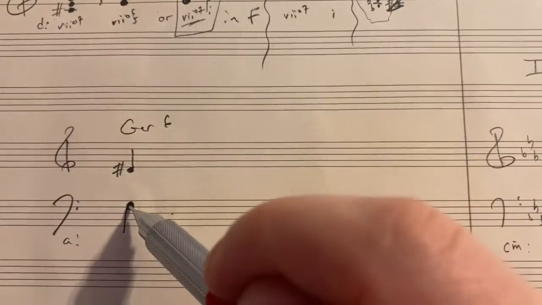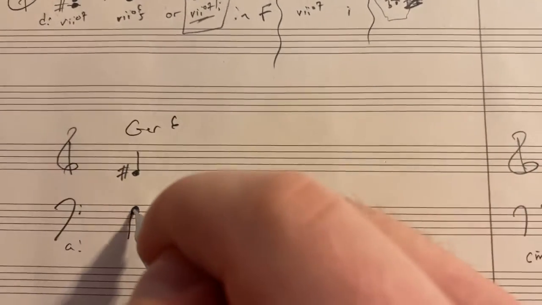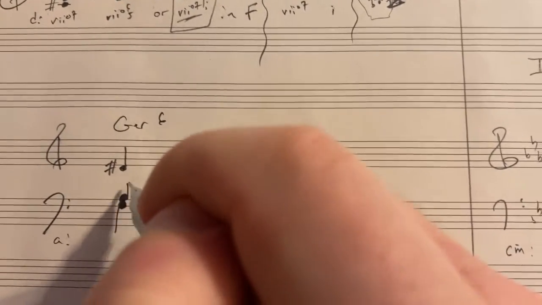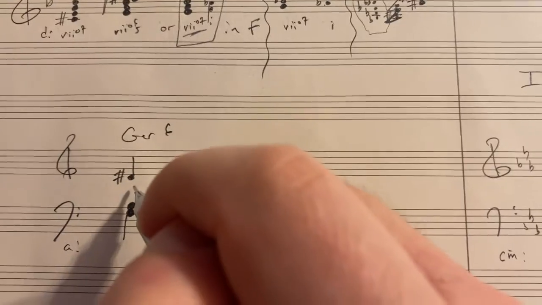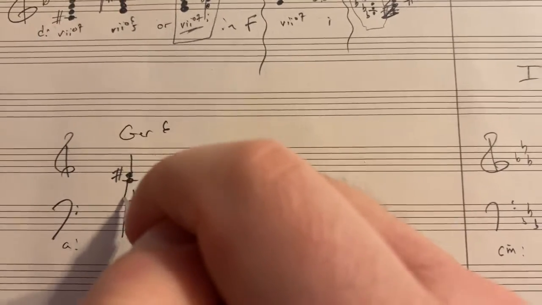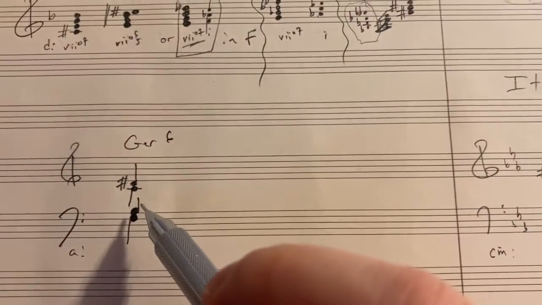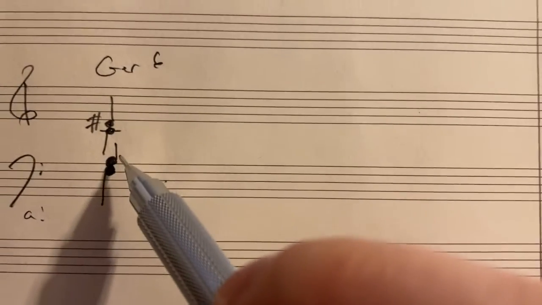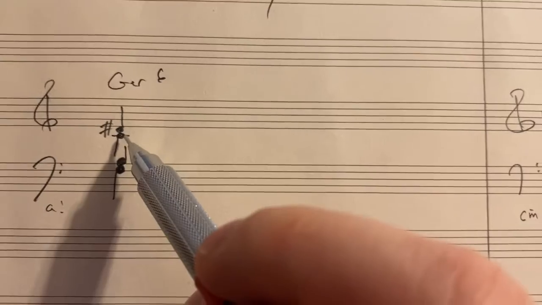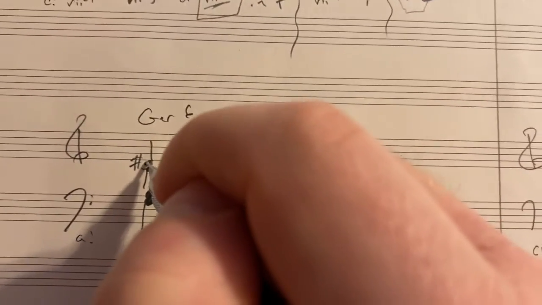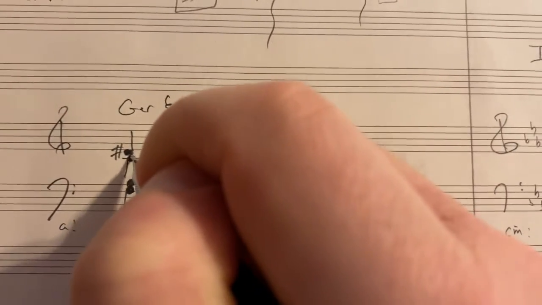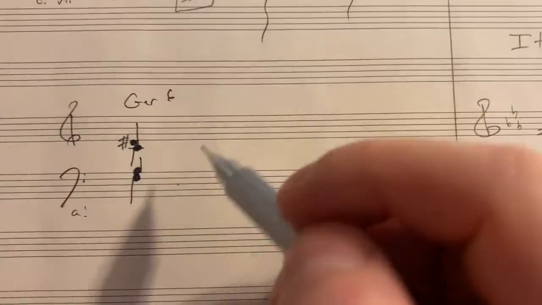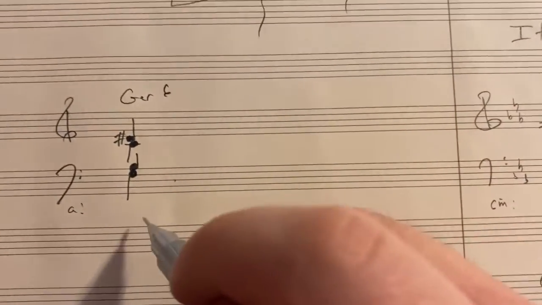Well, because F and E flat don't make a 6th. This is an augmented 6th. And then we have an A, scale degree 1, and a perfect 5th above the bass, which would be C. So F, A, C, D sharp. Not the clearest thing that's ever been written. Okay, that's our German 6th in A minor, and we'd expect it to go to a cadential 6/4.